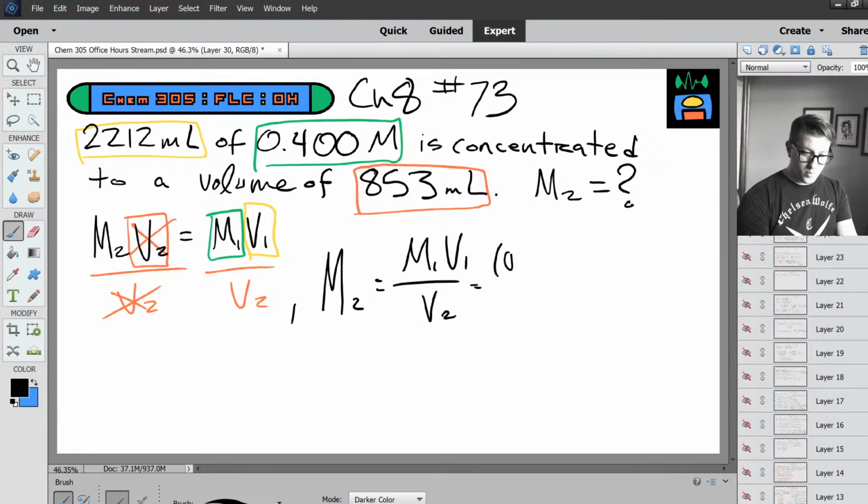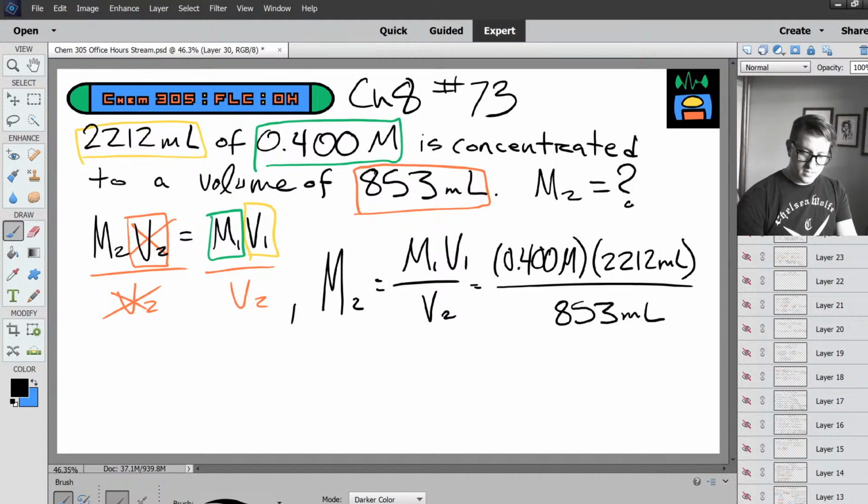Our M1 is 0.4000 molar, our V1 is 2,212 milliliters, and our V2 is 853 milliliters. So milliliters cancel.